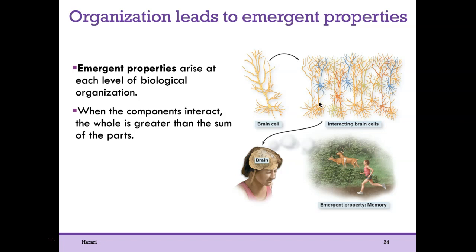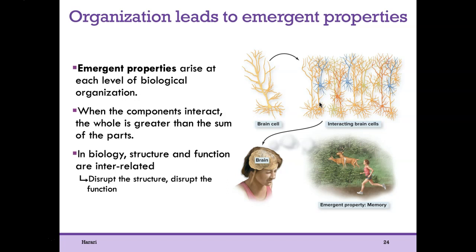So when the components interact, the whole is greater than the sum of its parts. And this is a very important lesson because in biology, structure and function are interrelated. Structure determines function, right? Depending on what the structure of a molecule is, or a cell is, or an organism is, it can determine what it can do, what the function is.